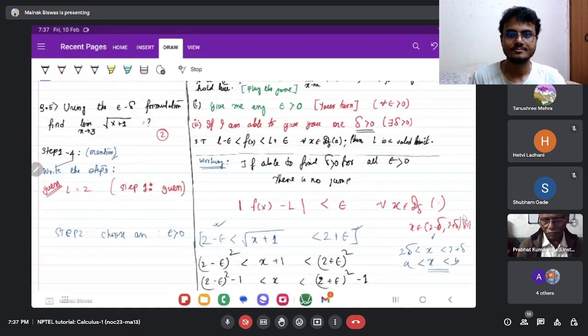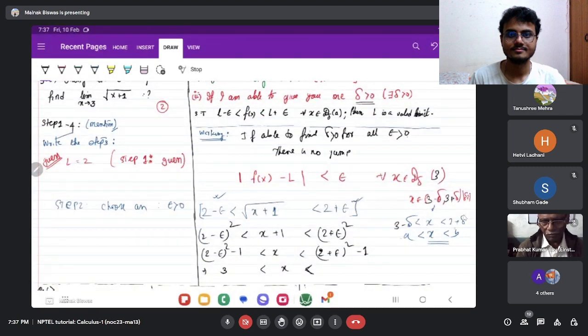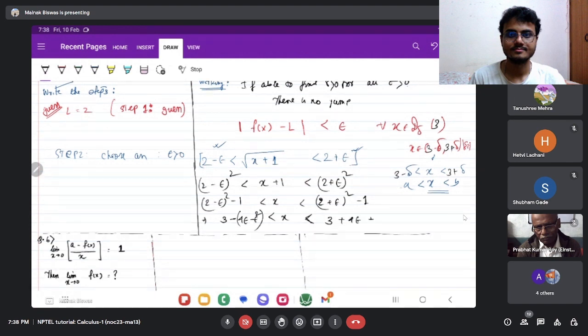So its limit is 3. You didn't remind me. So we are taking the limit at 3. I had copied the problem wrong. So this is your 3 minus 4 epsilon plus epsilon squared, and this is your 3 plus 4 epsilon plus epsilon squared. This is the thing.